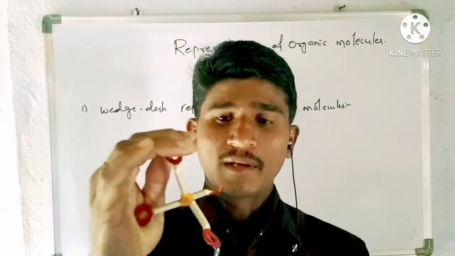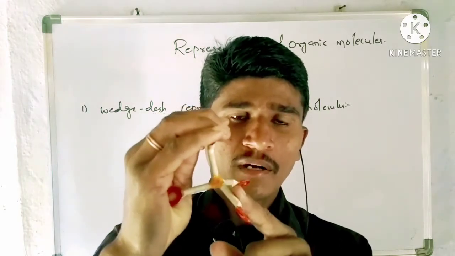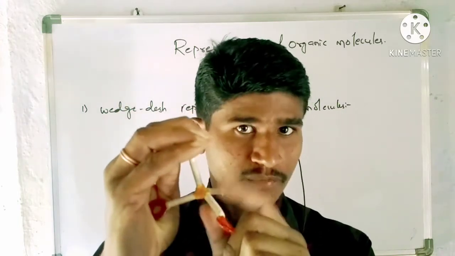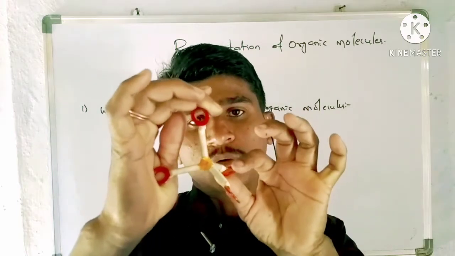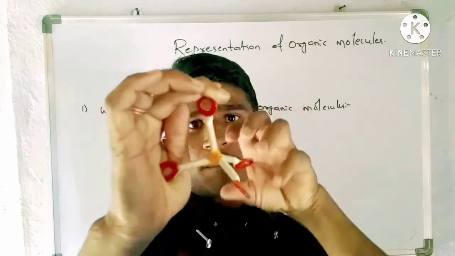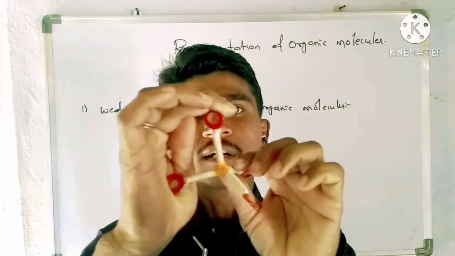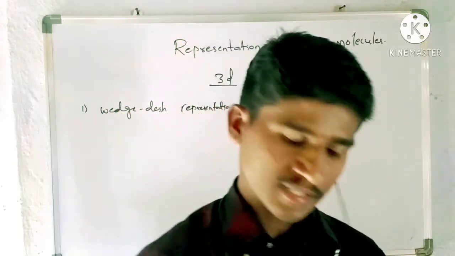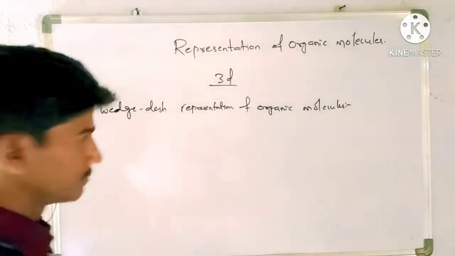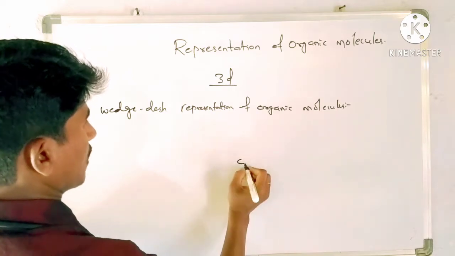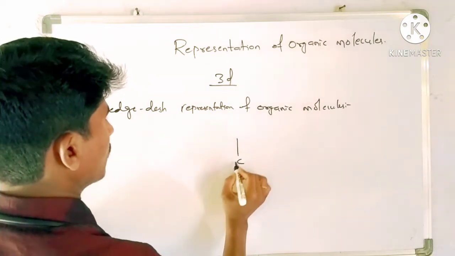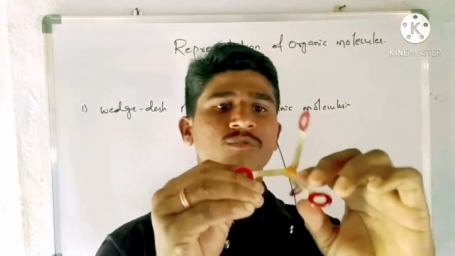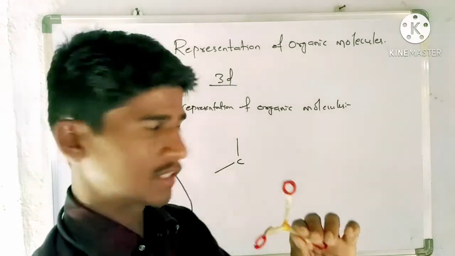In the wedge-dash formula, whatever bond is towards the viewer, meaning above the plane, is represented with a solid wedge. And whatever group is below the plane is represented with a dash wedge. Let us see. This is the carbon, and we know very well that two hydrogens are in the plane, so we represent them in the plane like that.